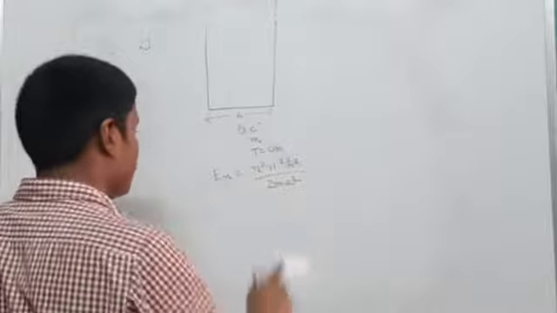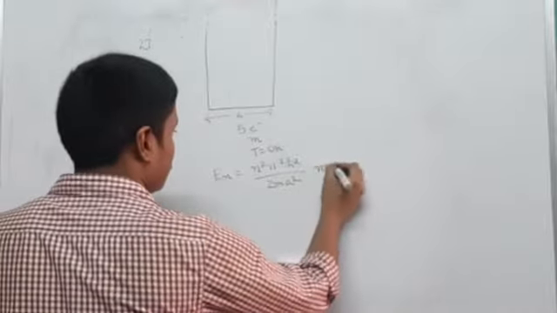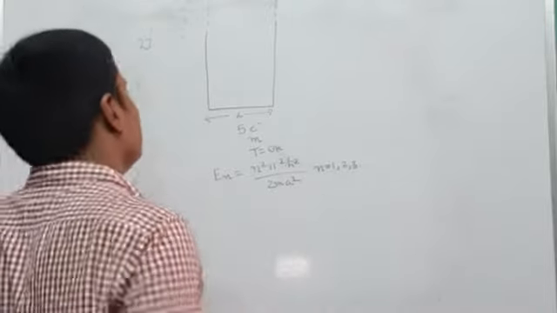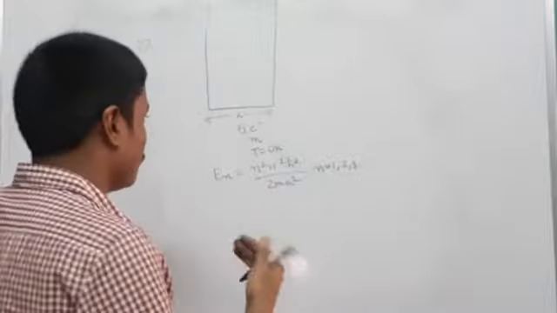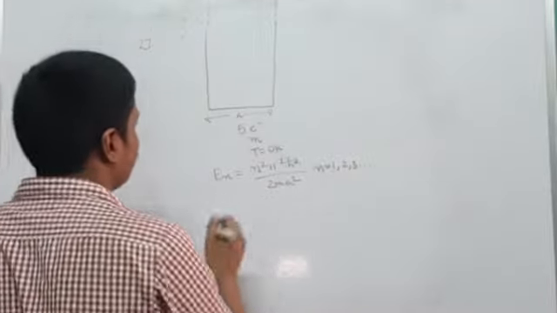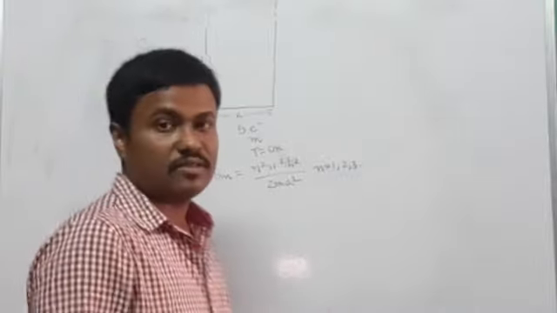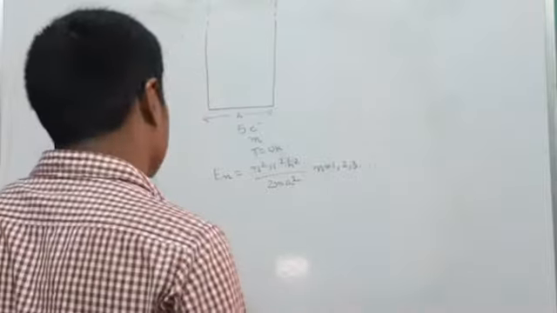M is the mass of the particle, a is the width, n is simply the level number. N goes from 1 to 2, 3, up to infinity, because it's an infinite square well. So it can keep going. Now there are 5 electrons. What is the highest occupied state, and what is the energy corresponding to it?